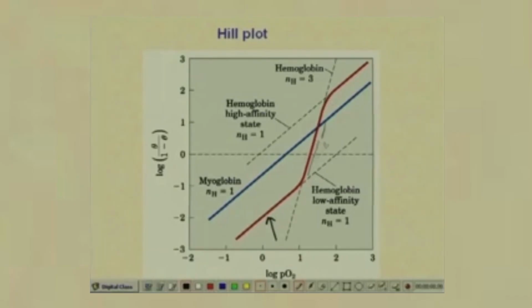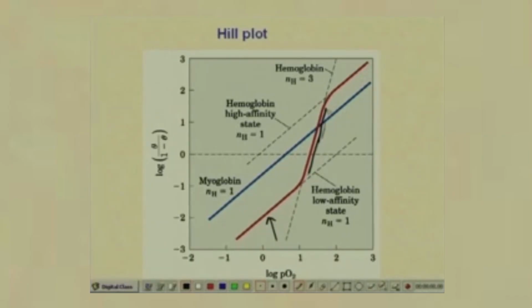Because of the sigmoidal fashion of the curve, you are going to get a sharp increase in the saturation as you increase the pressure beyond a definite level. Why? Because you have the cooperativity. Because as soon as one of them binds, it is going to help bind the other ones, right? And then you come to this level where, again, when you've reached the high affinity state, there is nothing more that can be bound to it. Okay, it's reached the high saturation level.